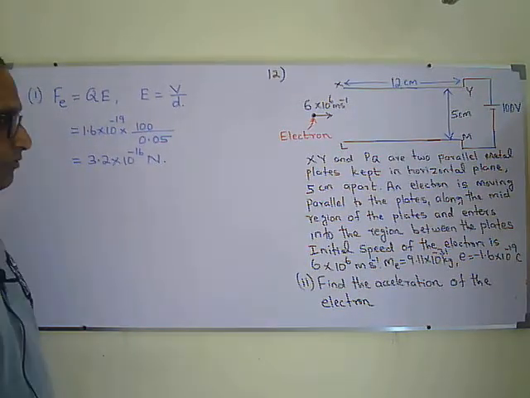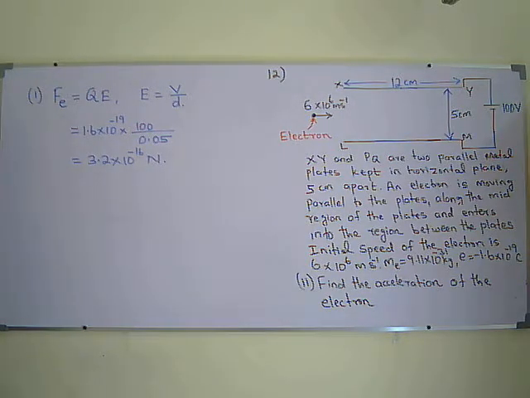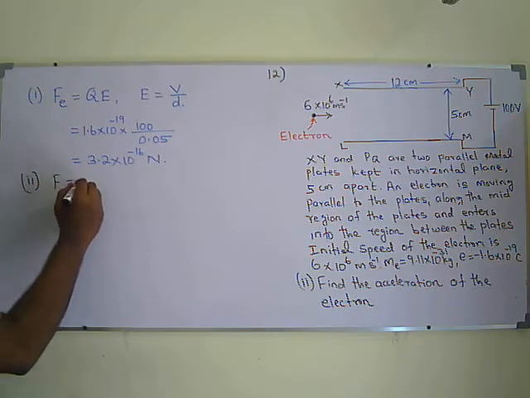Okay, second part, find the acceleration of the electron. Since we know the force acting on the electron, I can find the acceleration by using Newton's second law, F equals ma.